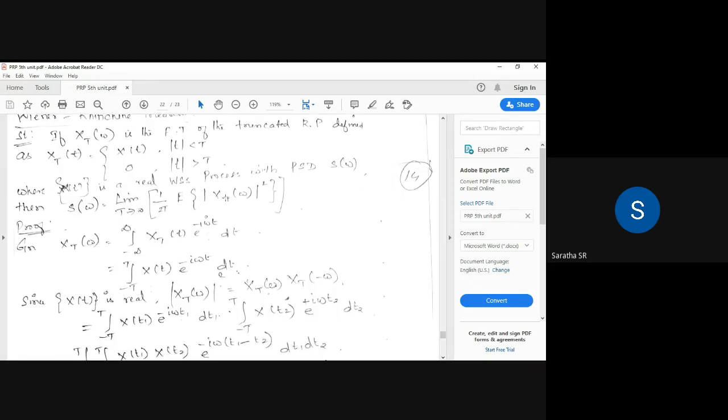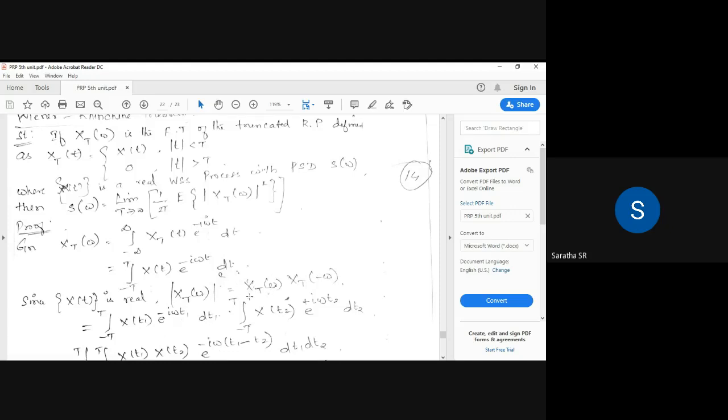For this statement we need modulus XT of omega the whole square. We know that x of t is real, as given in the problem itself. So next we find modulus XT of omega the whole square, which can be written as XT of omega into XT of minus omega.